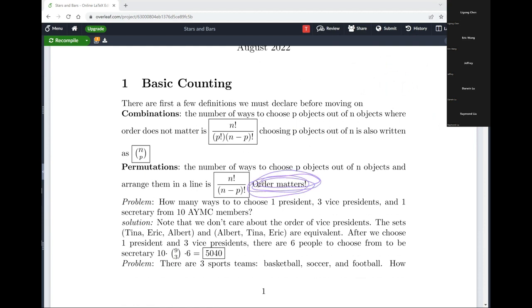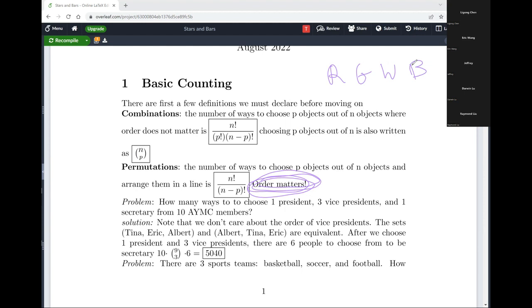And for a permutation, let's say you have four different balls. Let's say a red ball, a green ball, a white ball, and a black ball.